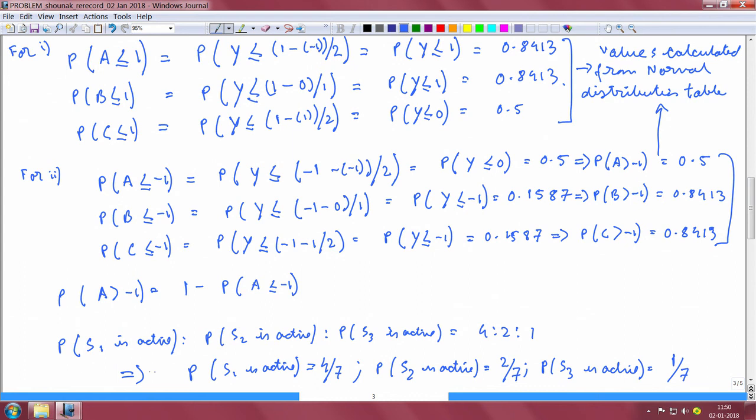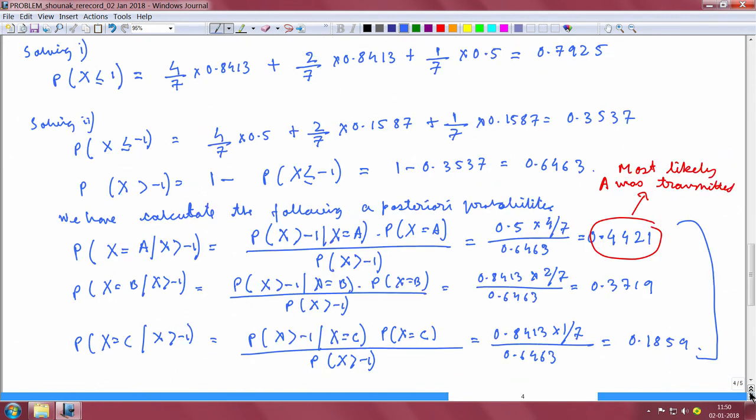We also find the probability of SI being active. It was not explicitly mentioned, but we were given a 4:2:1 ratio, and so the probability S1 is active is 4/7, S2 is active is 2/7 and S3 is active is 1/7.